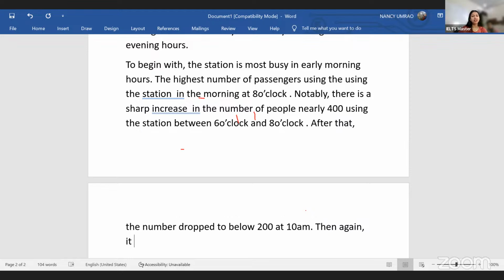We already having used the word increased, so we will not be writing increased. We will be using the synonym of it.